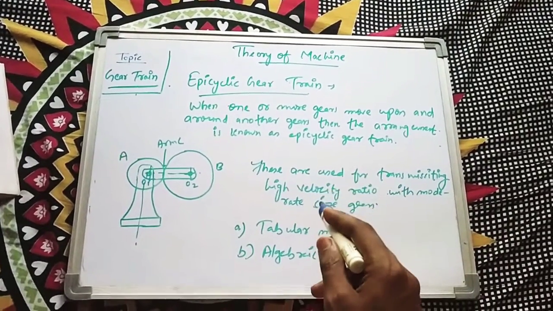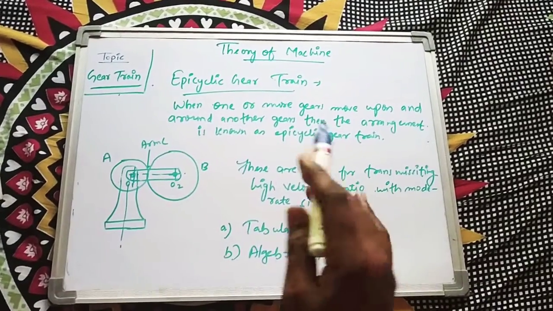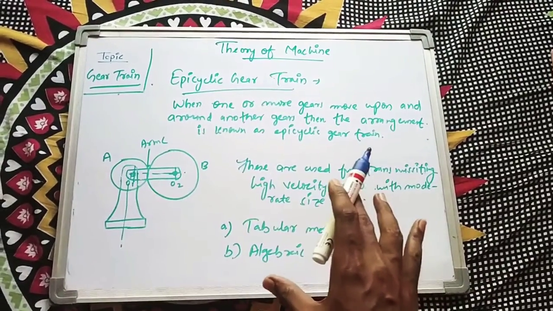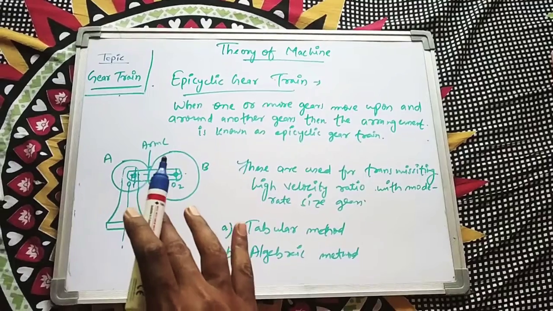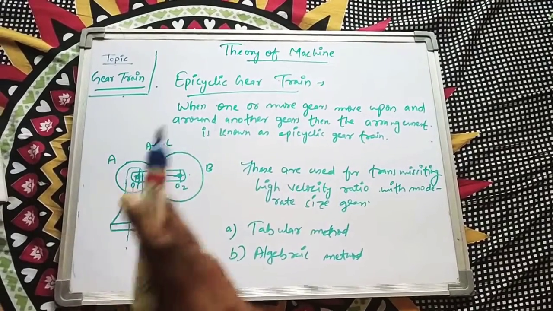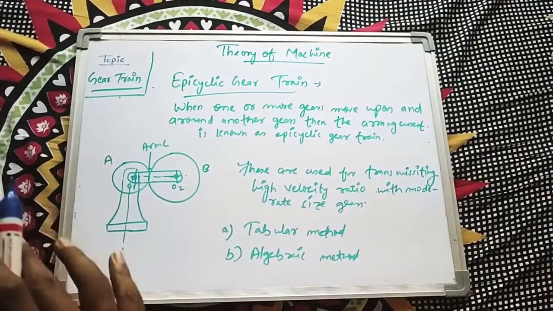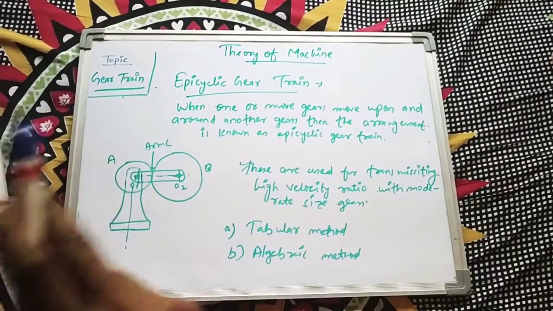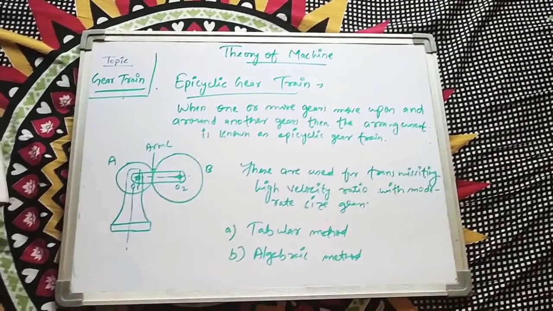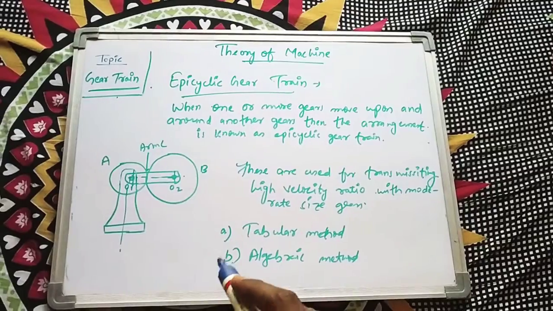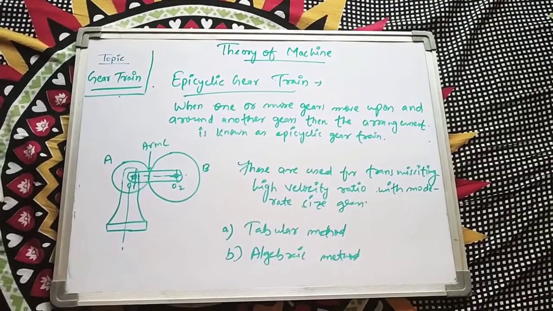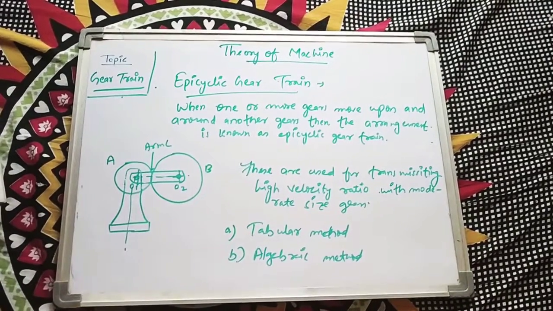As you all know, in scooties there are no manual gears, so automatic gears are used in them. So epicyclic gear trains are used for the transmission of automatic gears. The best example of practical implementation of an epicyclic gear train is your scooty.